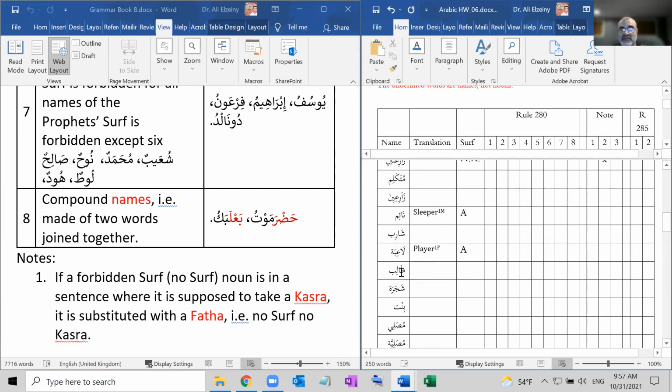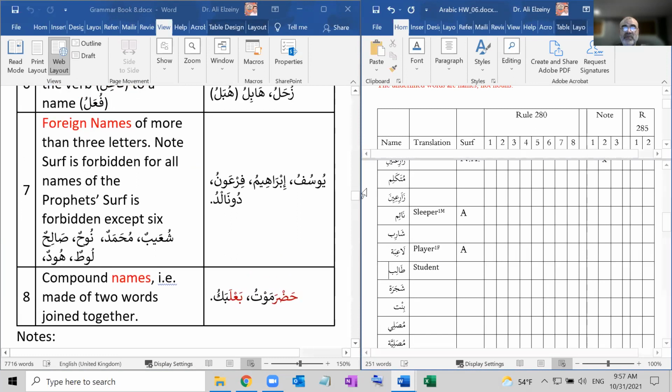Talib is, according to the Google translation, student. And to find out the gender and the count, we go to rule 250.